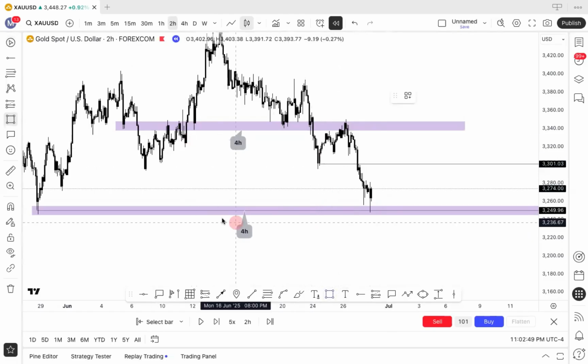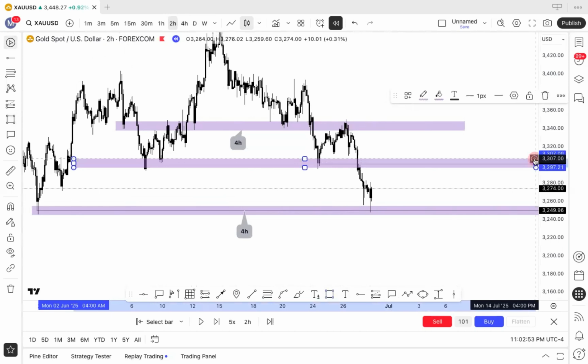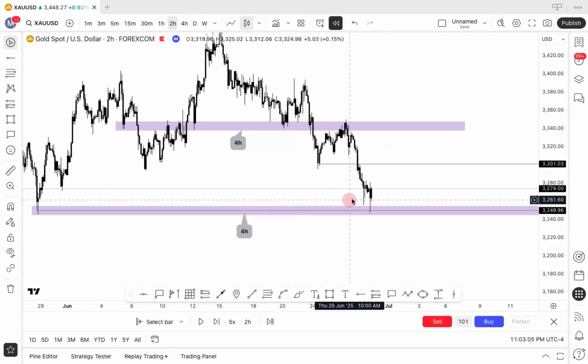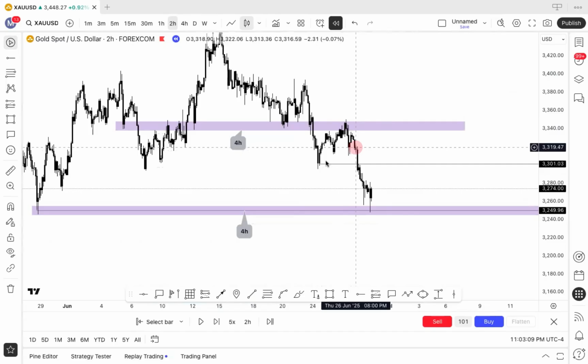It might not be a zone that you normally draw, but this is still clear to me. I might draw it as a line, you might draw it as a zone. It does not matter, as long as you have some point to reference if price decides to continue pushing down or break to continue pushing up, right?